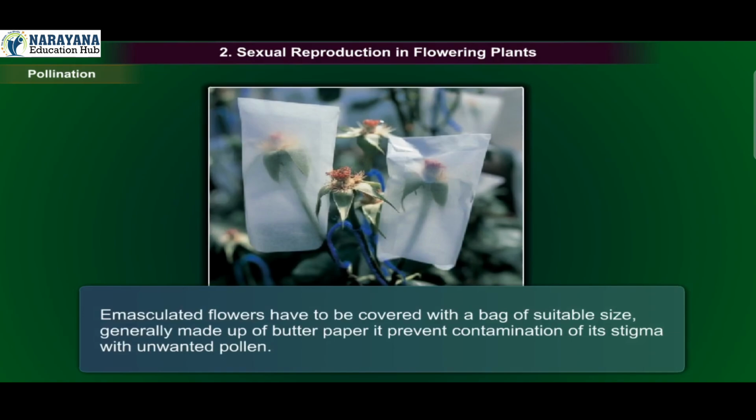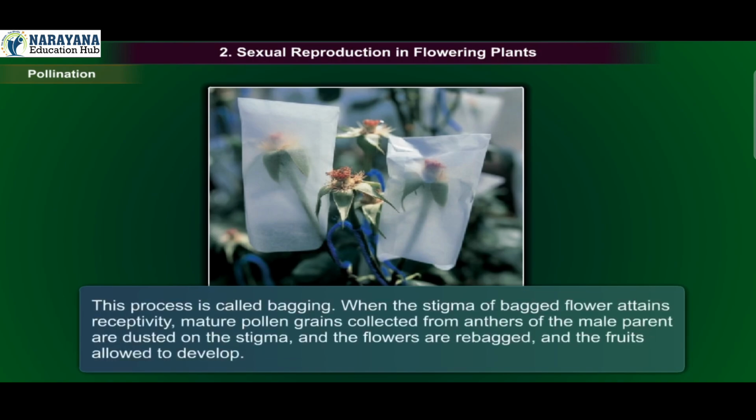It prevents contamination of its stigma with unwanted pollen. This process is called bagging. When the stigma of the bagged flower attains receptivity, mature pollen grains collected from anthers of the male parent are dusted on the stigma, and the flowers are rebagged and the fruits allowed to develop.